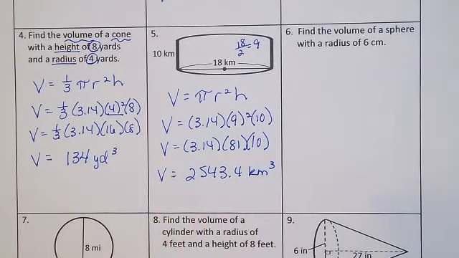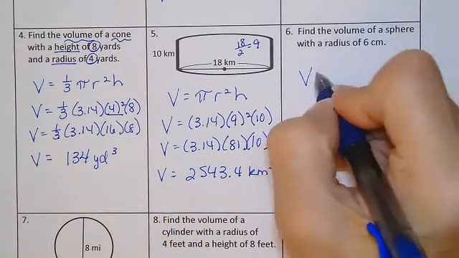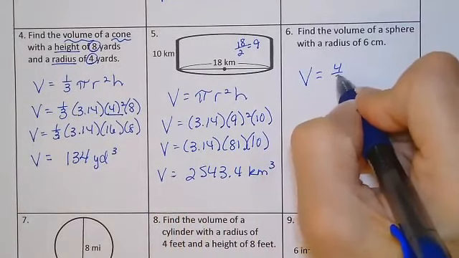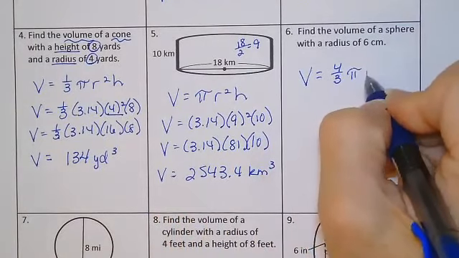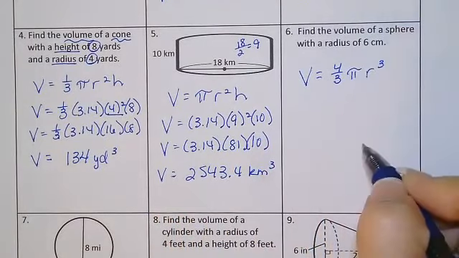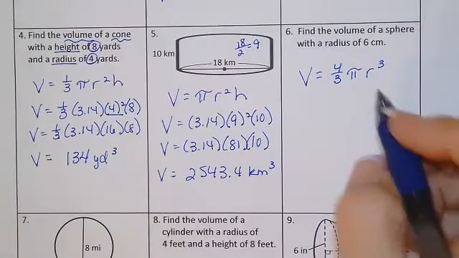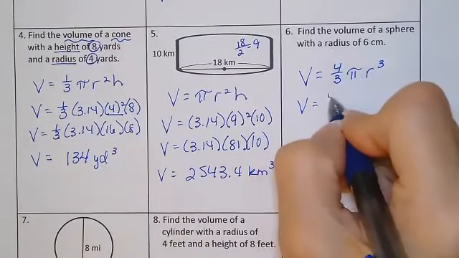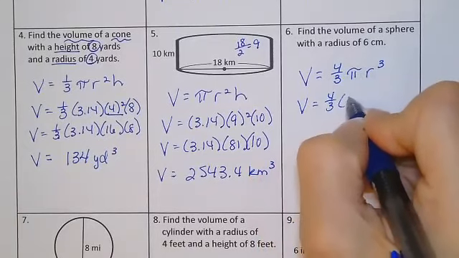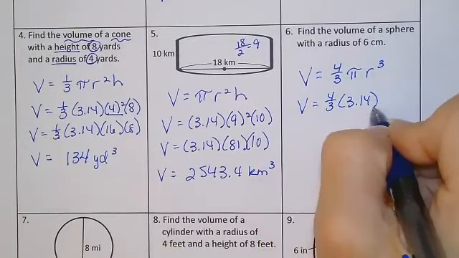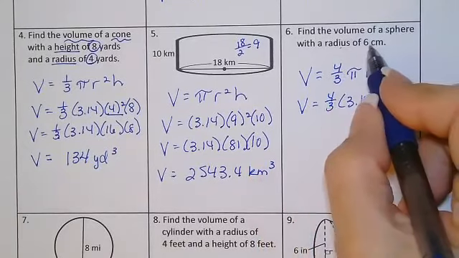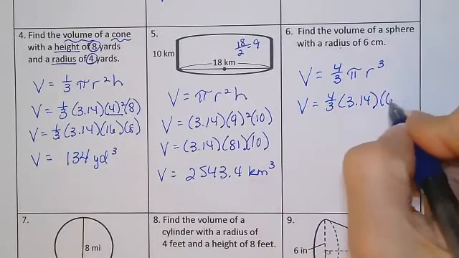All right, number 6, find the volume of a sphere with a radius of 6 centimeters. Okay, we're going to start off with our volume formula, 4/3 pi r cubed. Okay, we'll substitute. It says it's radius of 6.